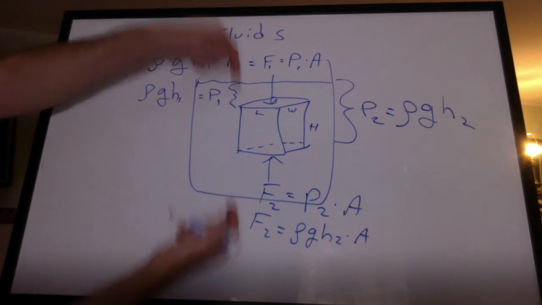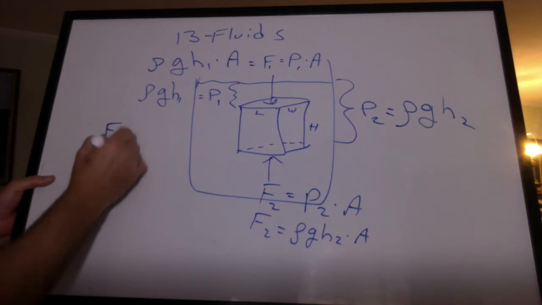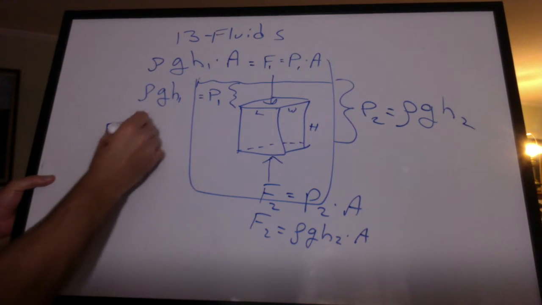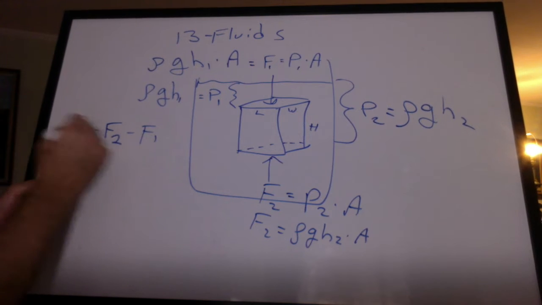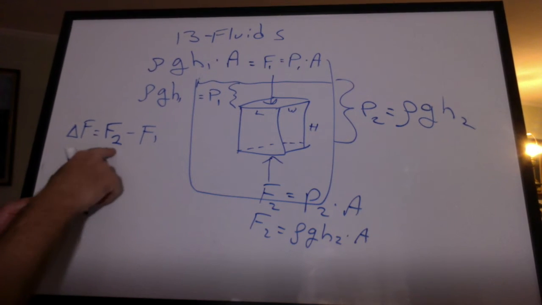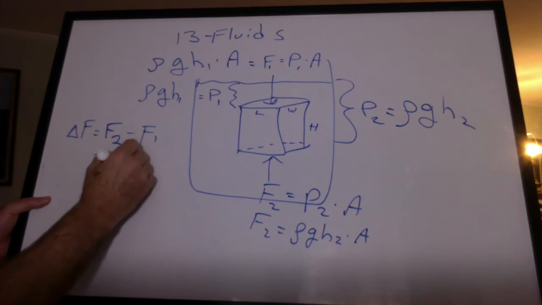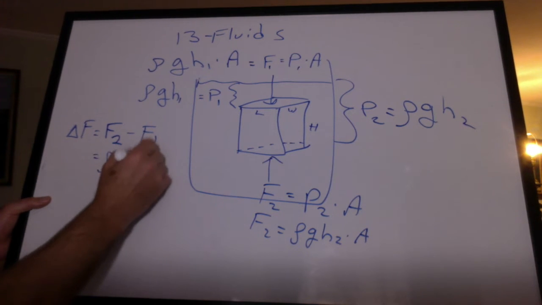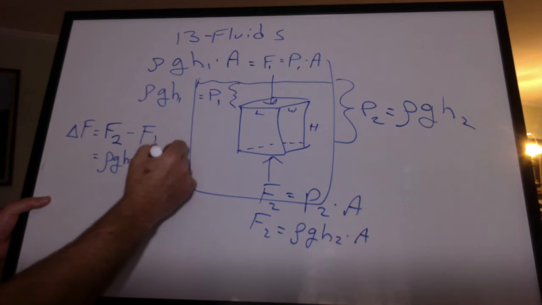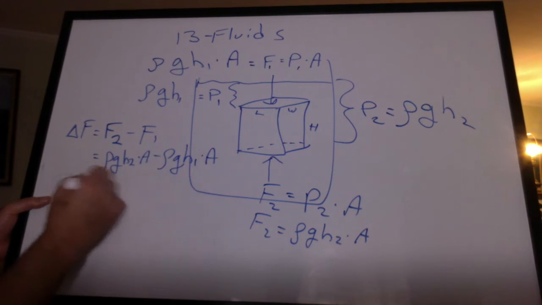Well, what is the difference in that force? We're going to have a force F2 bigger than F1. That's the difference in the force. F2 is rho g H2 times the area, and F1 is rho g H1 times the area.